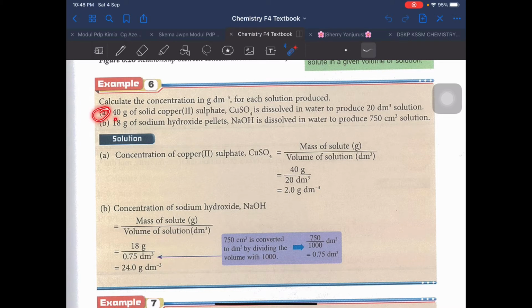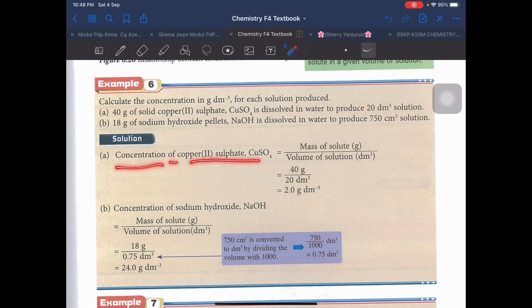A, 40 gram of solid copper(II) sulfate is dissolved in water to produce 20 cubic decimeter solution. Look at the information given. You have gram and you have cubic decimeter, and that's what you need to find concentration. So how to write it?